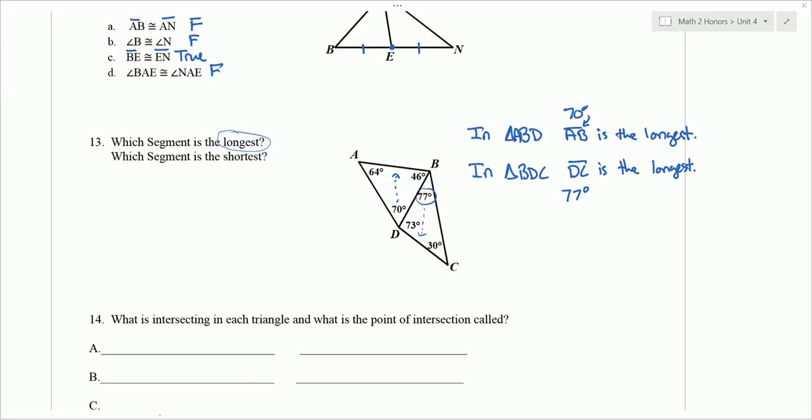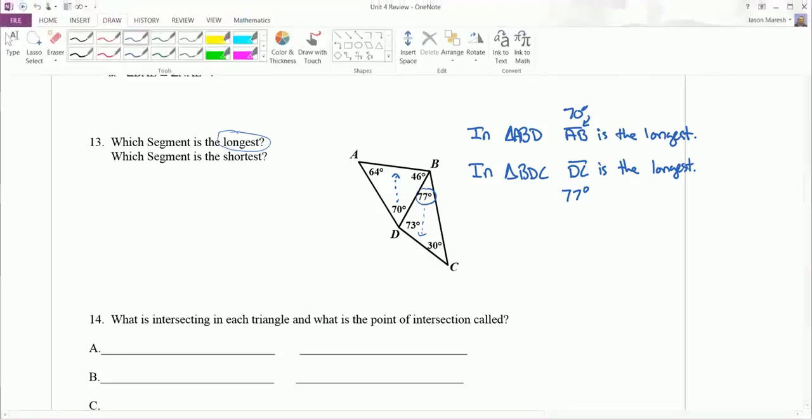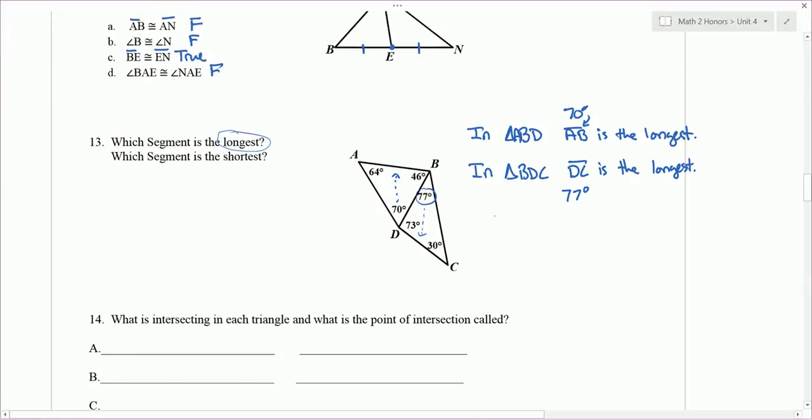And so we kind of get stuck on this one. Which segment is the longest? We don't know. So we cannot determine the longest segment. Not enough information.